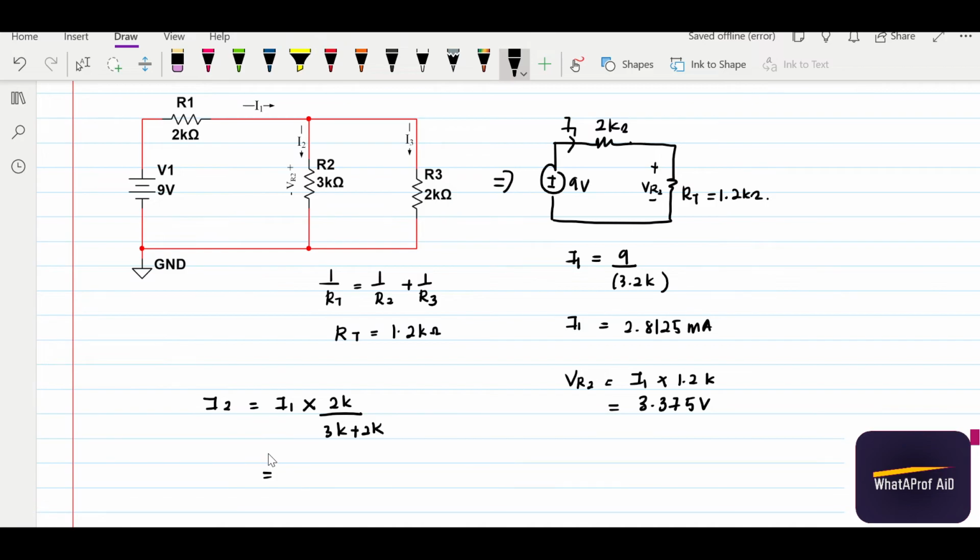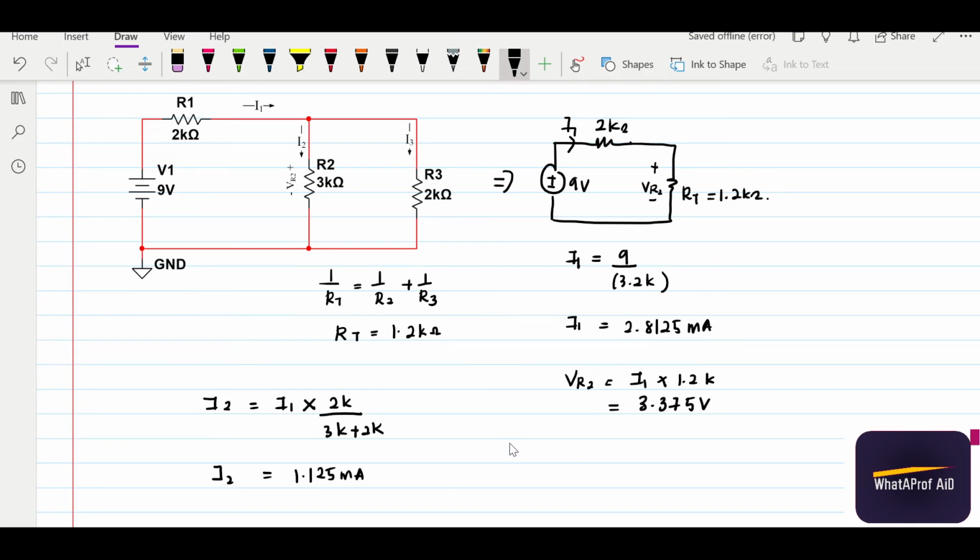So here we get 1.125 milliampere for I2.